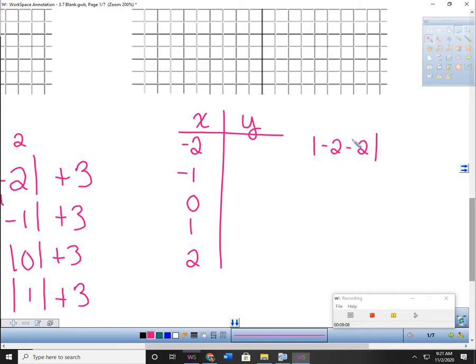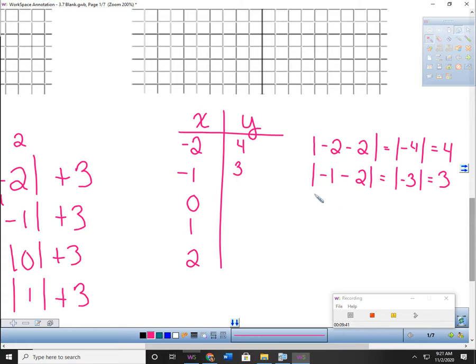Negative 2 minus 2 is, so what is the absolute value of negative 4? 4. Positive 4, right? I'm 4 spaces from 0, so that's a 4. Then we'll do the same thing with negative 1. So negative 1 minus 2, that would give you the absolute value of negative 3, which is 3.